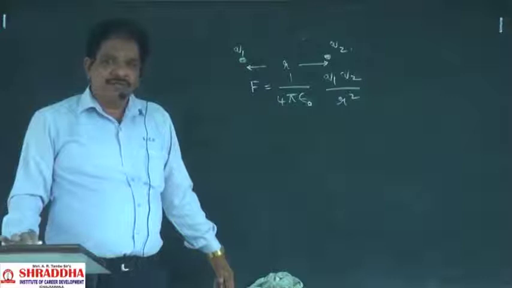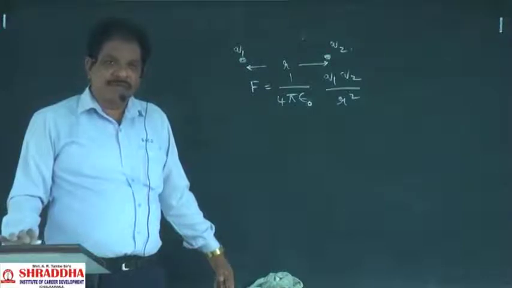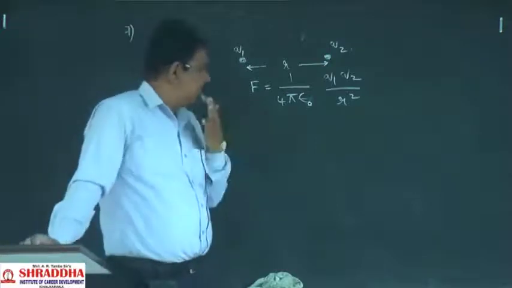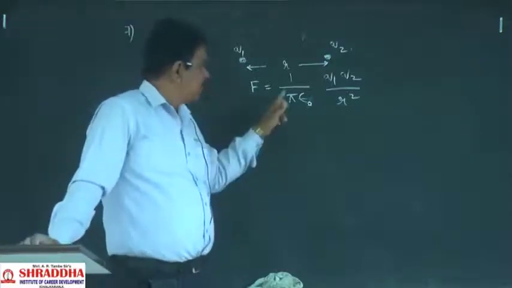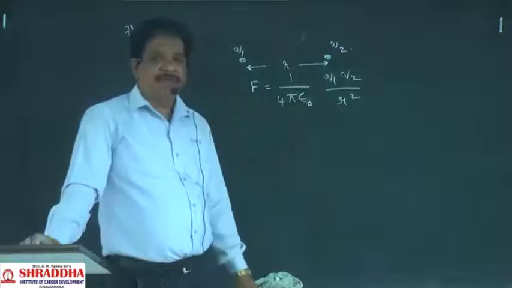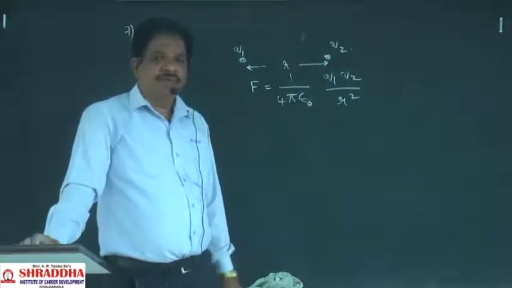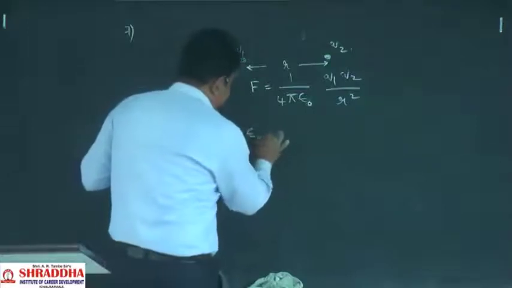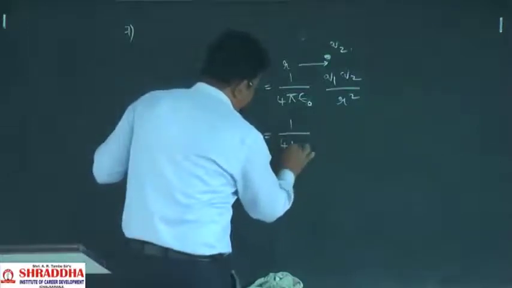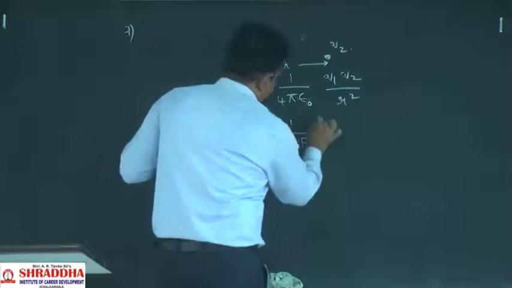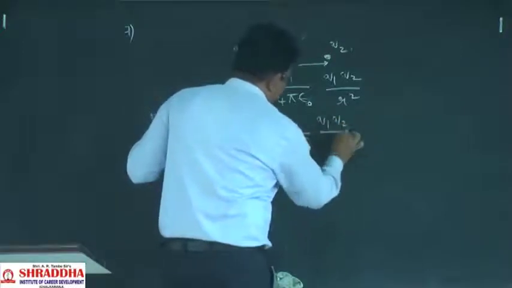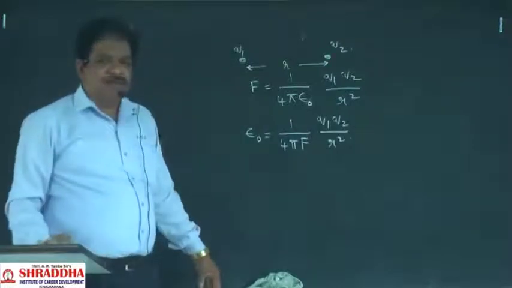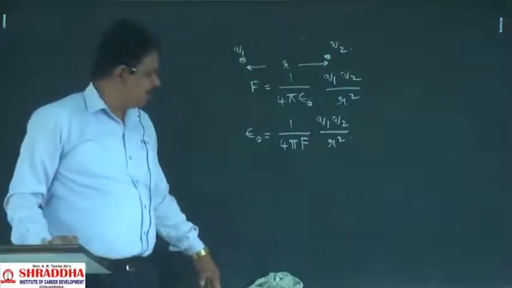So that is the concept behind this. Okay, when two charges are separated by a distance r in the air, F value will be equal to 1 by 4 pi epsilon naught Q1 Q2 by r square. Then epsilon naught is equal to 1 by 4 pi F, Q1 Q2 by r square. Okay. Then try to substitute the dimensional formulas.